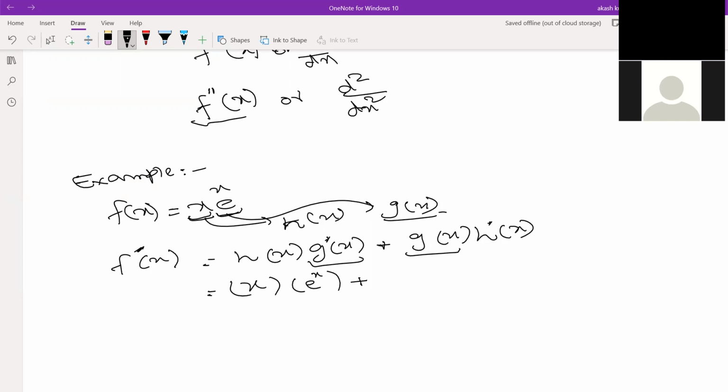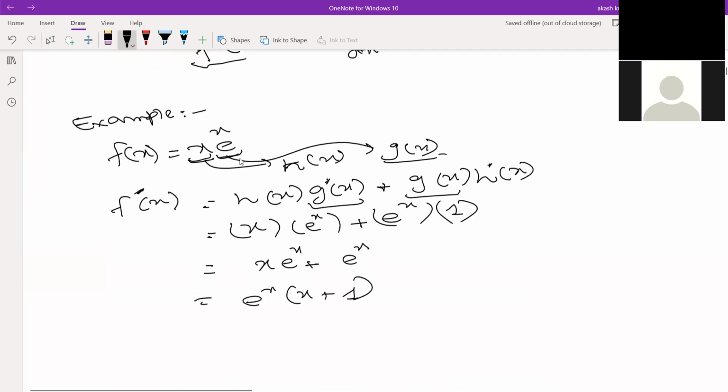It will be 2e^(2x). Okay, so now it's going to be e^x, and then plus the derivative of h of x. h of x is x, so the derivative of x is 1. So x e^x plus e^x. We can simplify it, it's up to us, e^x (x plus 1). Is it clear? This is the derivative of the function x e^x.